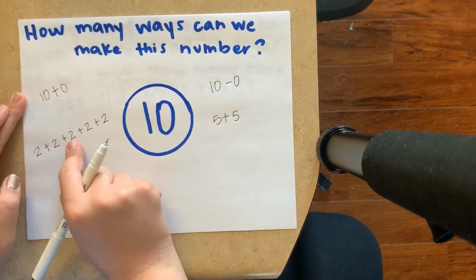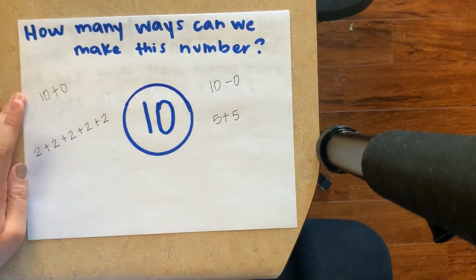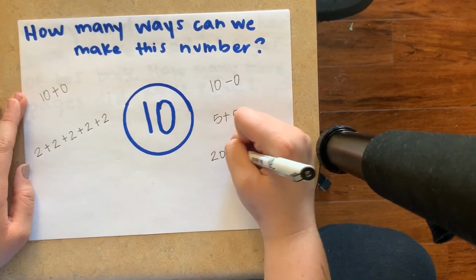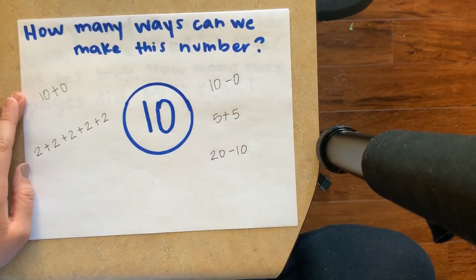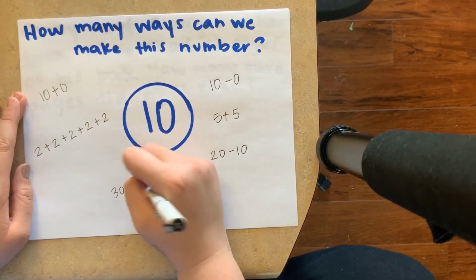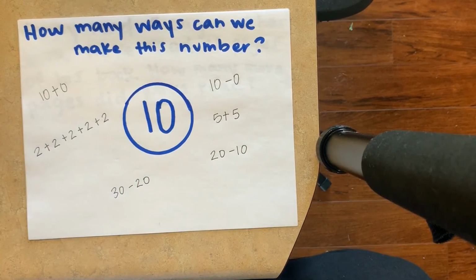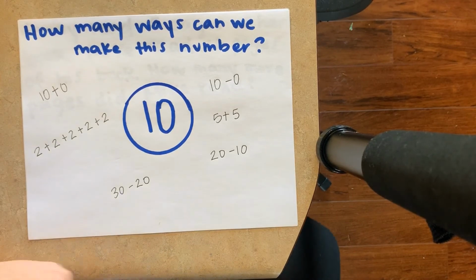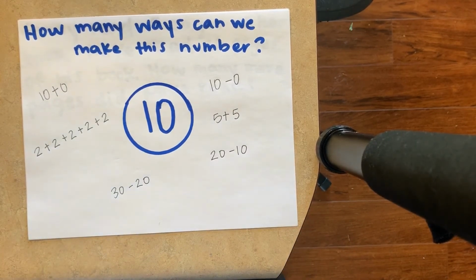So that should be 1, 2, 3, 4, 5 2s. You could also do some subtraction, like 20 take away 10, or even 30 take away 20. If you found a different way to make 10, comment down below.